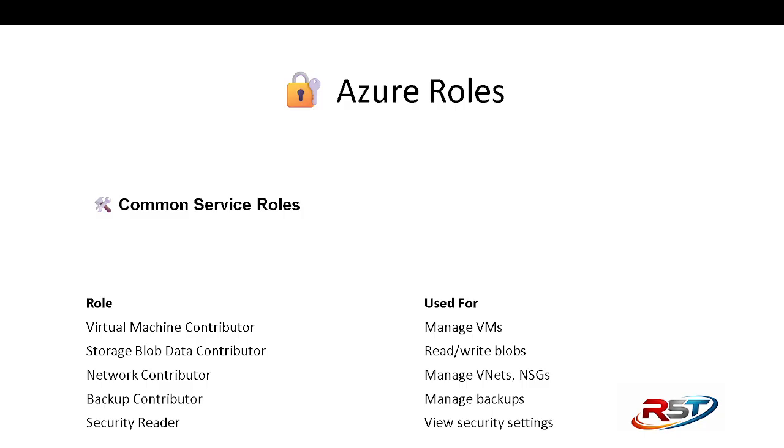Other common service roles. Virtual Machine Contributor is used to manage VMs. Storage Blob Data Contributor reads and writes blobs. Network Contributor manages VNets and NSGs. Backup Contributor manages backups only.